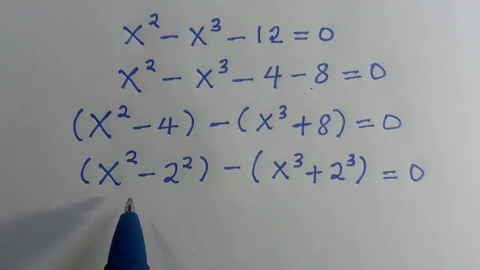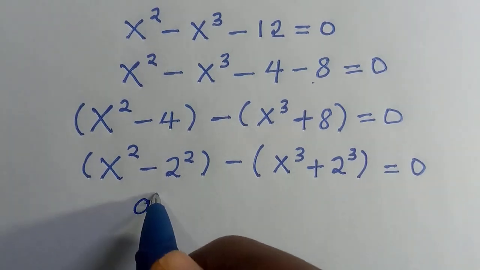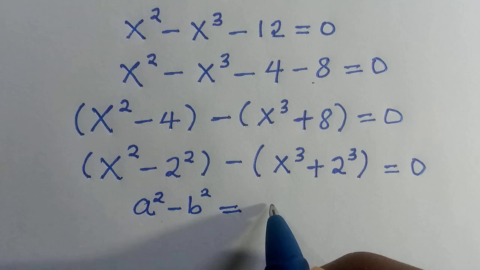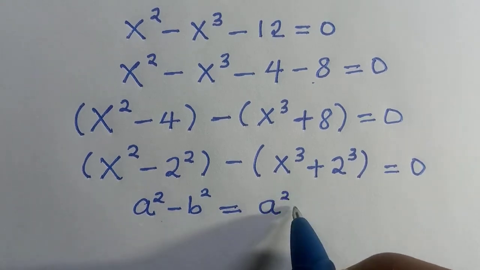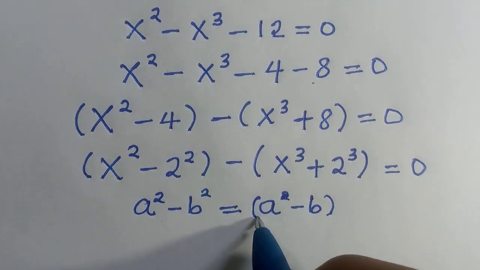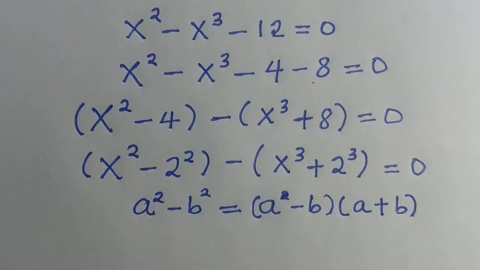Next we have, this is difference of 2 squares, and this is sum of 2 cubes, where this difference of 2 squares, when we have a to the power of 2 minus b to the power of 2, we have this as a minus b, and here is a plus b.